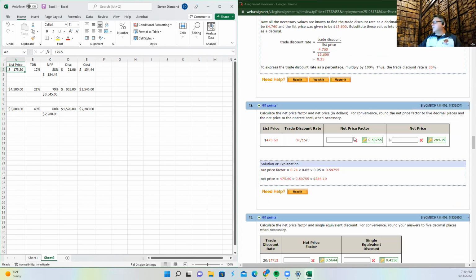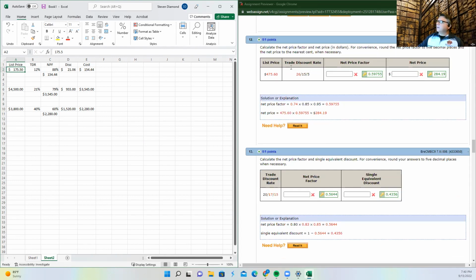Here, if you look, we have three different numbers, 26, 15, and 5. And this is what I was talking about when I used to work for the equipment company. Depending on how much you sold last year, at one level, you may only get a 26% discount.